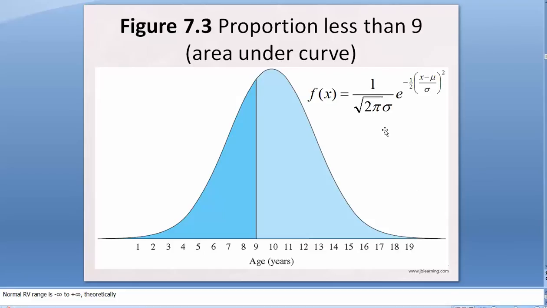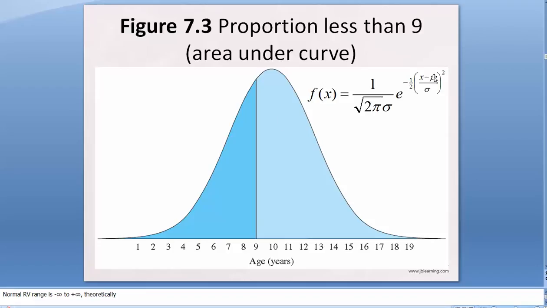Now look, there are mu and sigma which play a role in this curve. Mu stands for the mean and sigma stands for the standard deviation of this normal random variable. Depending on mu and sigma, you will get lots of different kinds of curves, an infinity of curves.